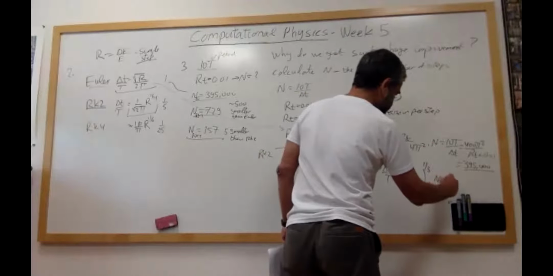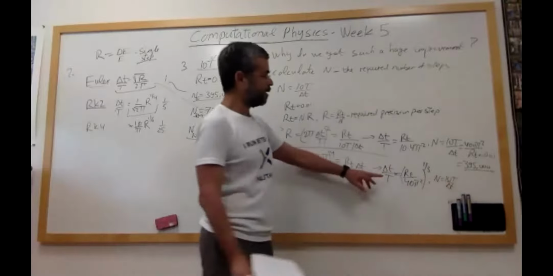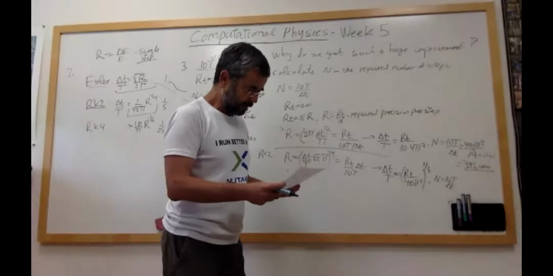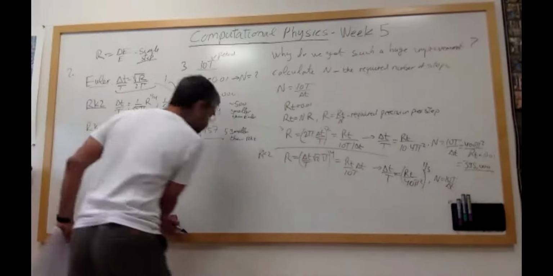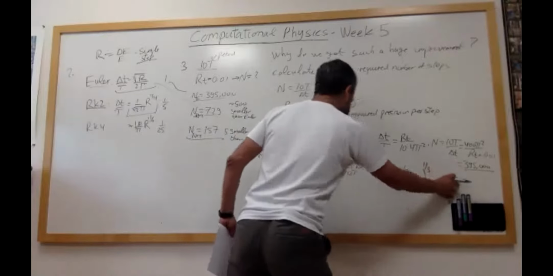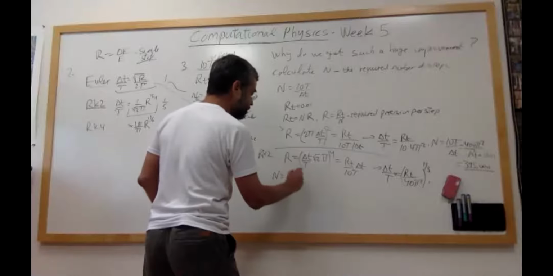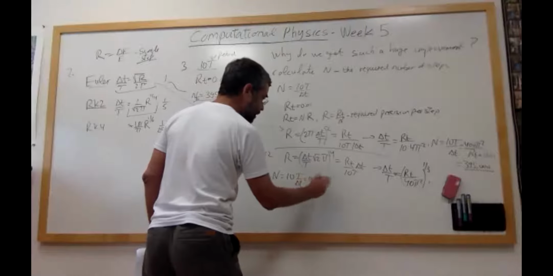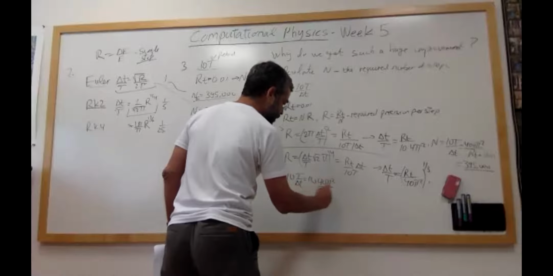So N is 10t over delta t. And now we take t over delta t from here, so N is now 10 times 40 pi squared over RT to the power of 1/3.